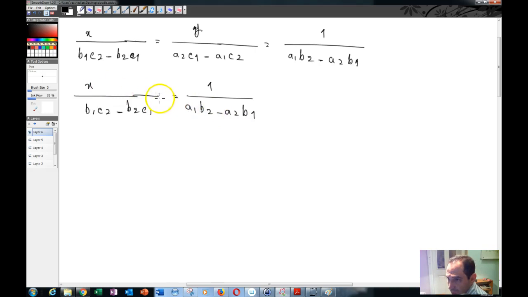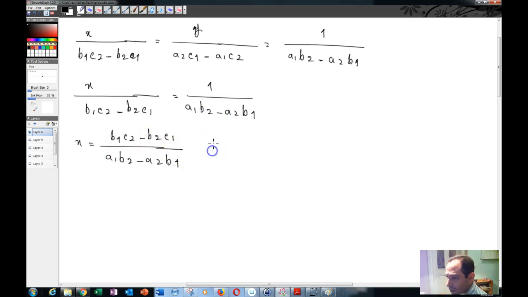And so if you cross multiply and want to solve for x, your x would be equal to b1c2 minus b2c1, for example, over this whole thing, a1b2 minus a2b1.